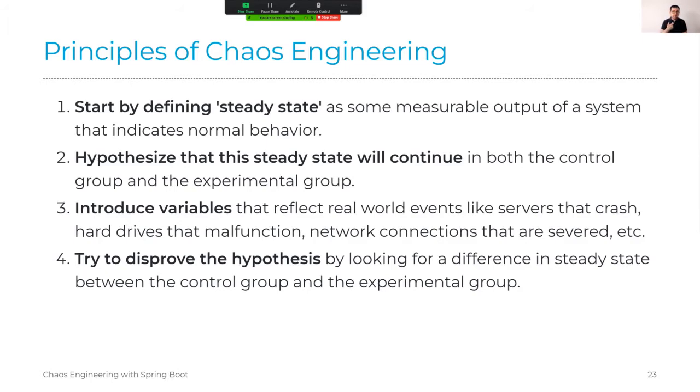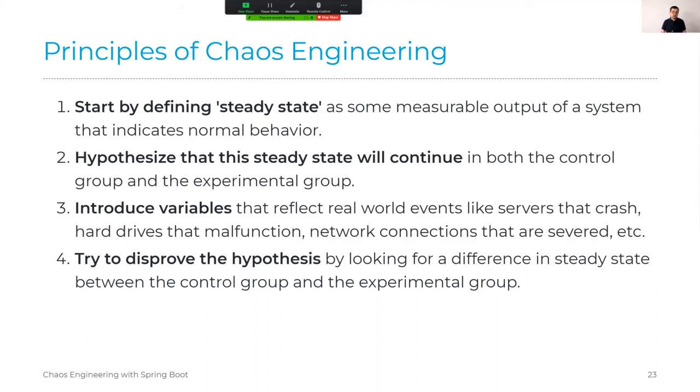Then you introduce variables that reflect real world events, like servers are crashing, hard drives are not working, networks go down, latency, this kind of things. And you then try to simulate this in the system. We try actually to disprove with this the hypothesis we defined in the previous step, right?